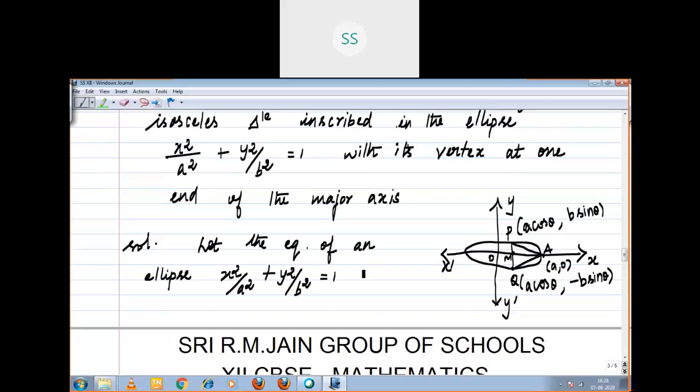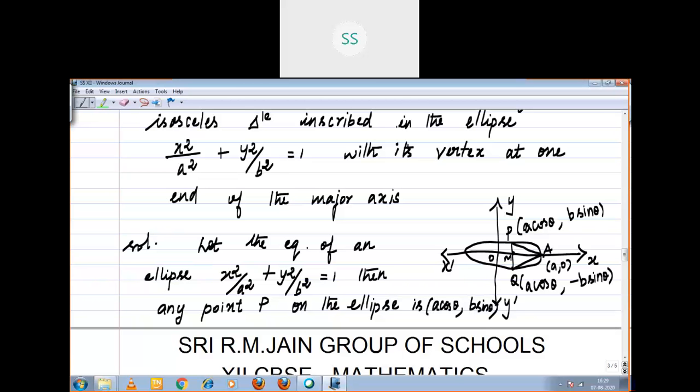Then any point P on the ellipse, we drew the diagram. For that we are writing a right up here. P on the ellipse is (a cos theta, b sin theta).